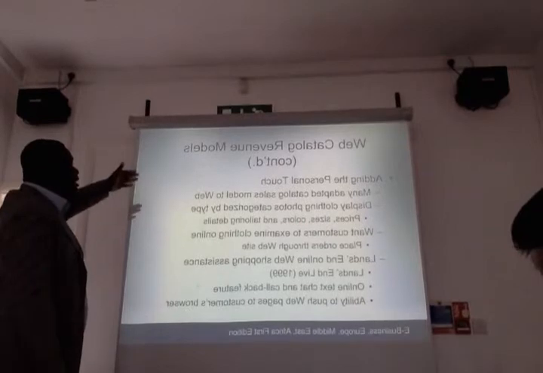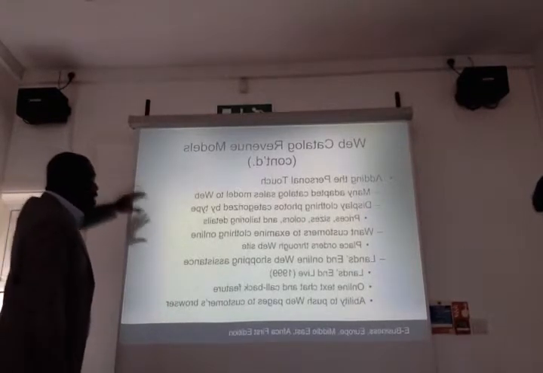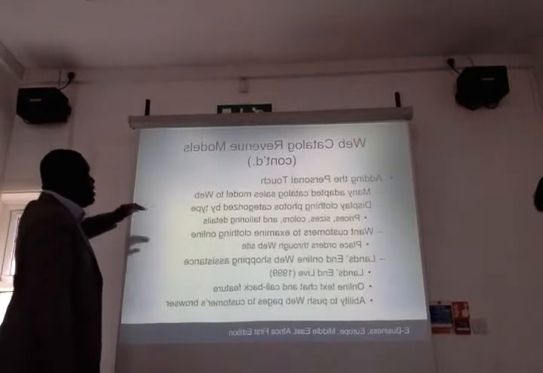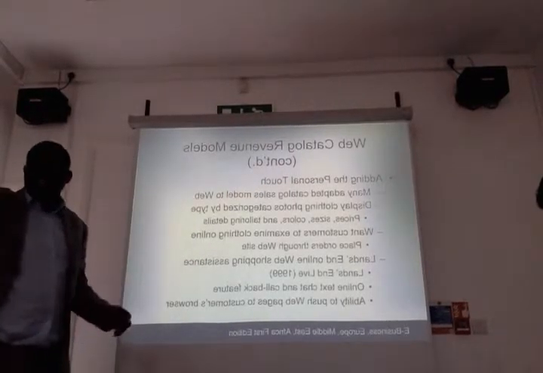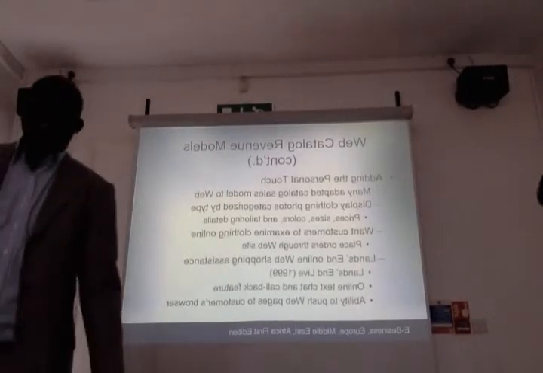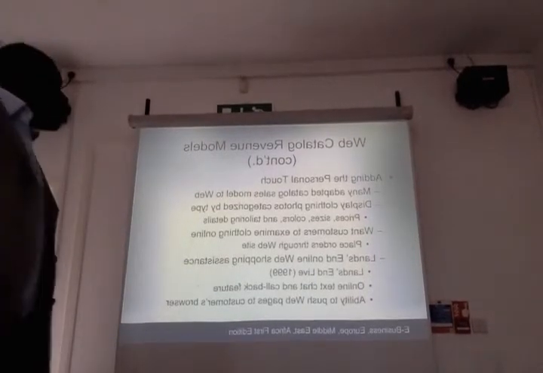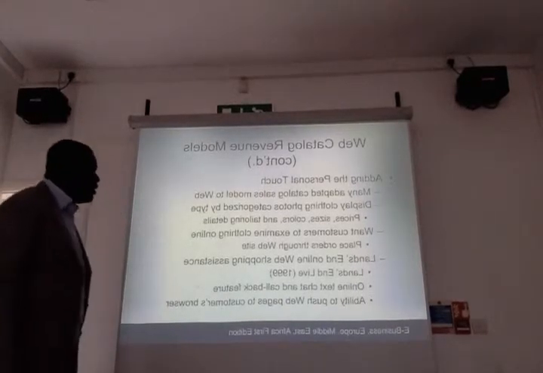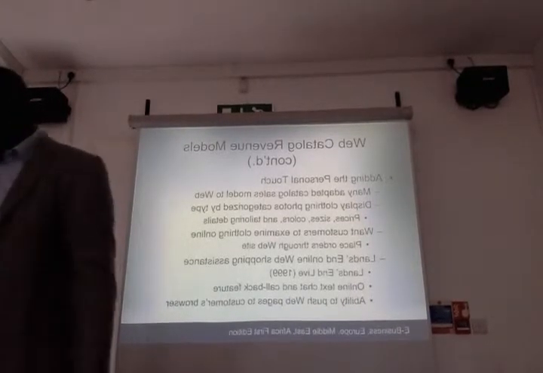Many adapted catalogue models that work with the web want to be able to add that personal touch. You want to be able to do things like we saw with the ASOS example: different sizes, colours, tailor detailing, that kind of thing. You also want to allow customers to examine the clothing before you get it.